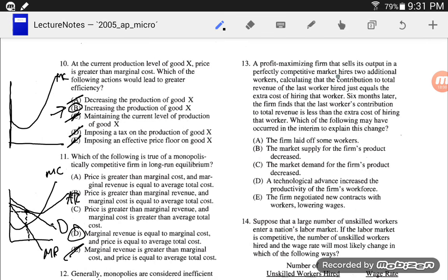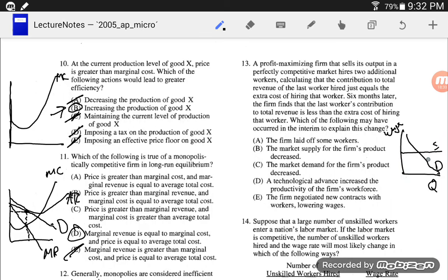Okay, it sells in a perfectly competitive market, so let's see, and then what happened in their labor market? They were hiring, this was the firm's demand and the supply based on a perfectly competitive market. So this is wage, this is quantity of workers, and now I'm hiring less.